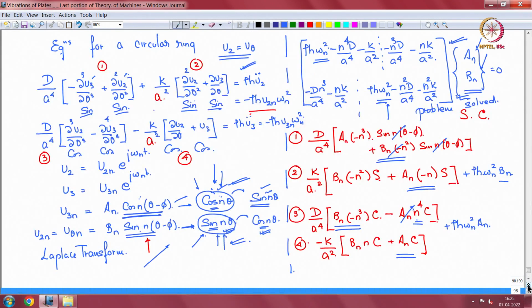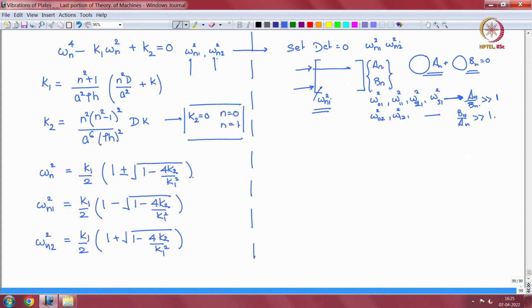If you remember, an was for the transverse U3 movement, and bn for the tangential or torsional movement. And therefore, one set of natural frequencies will say that they are dominantly transverse, and the other set of natural frequencies say the displacement is dominantly torsional.